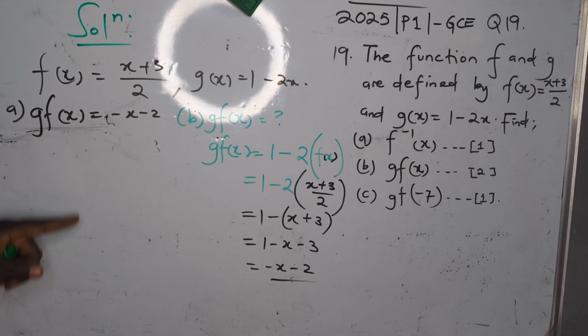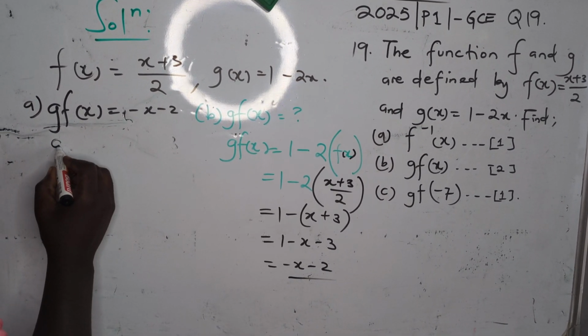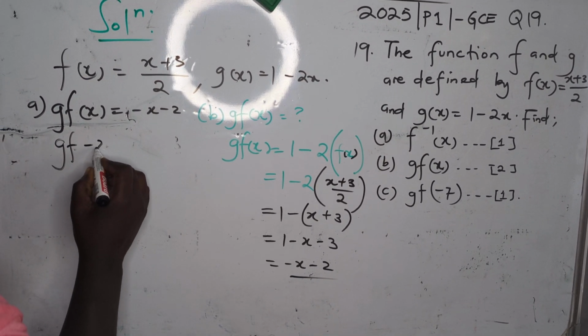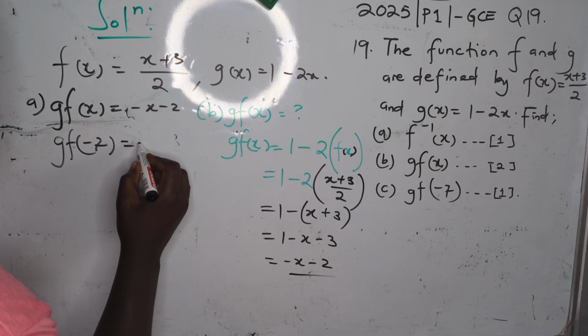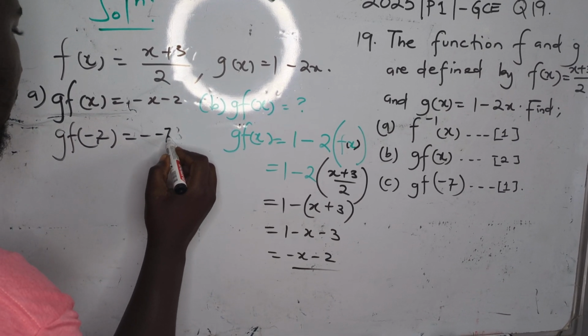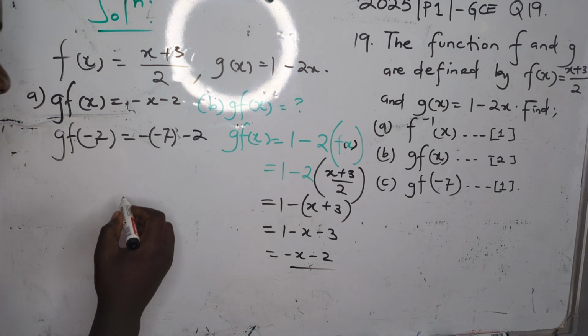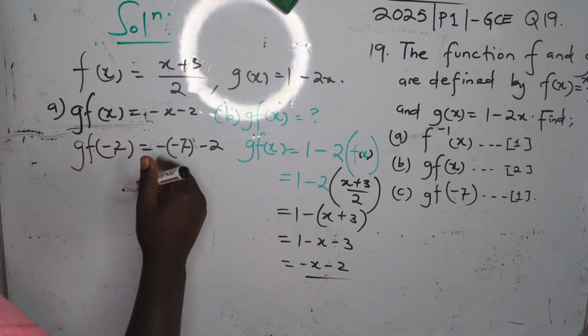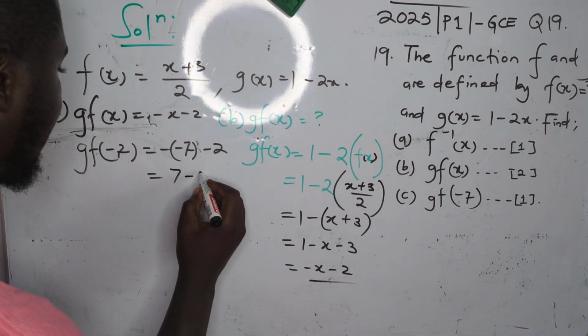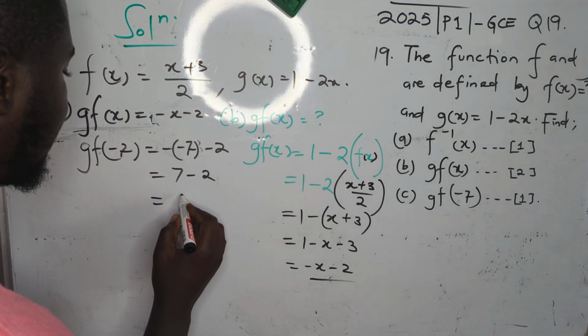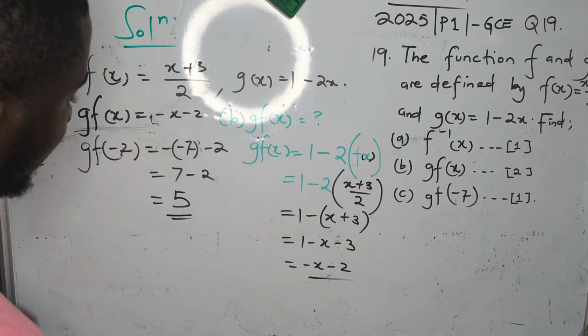Where there is x, we're just putting negative 7. So g of f of negative 7 is going to be negative. Here we're putting this minus x. Okay, so this one now is going to give us a positive, and from there we know that we're getting a 5.